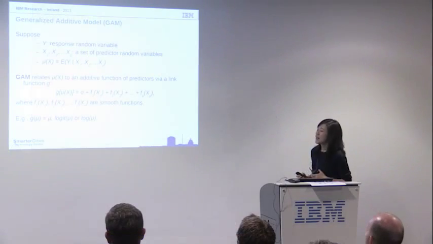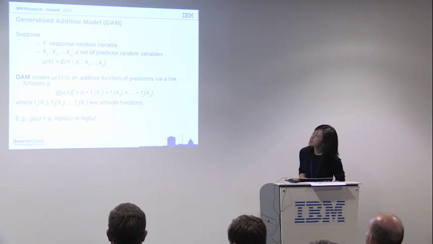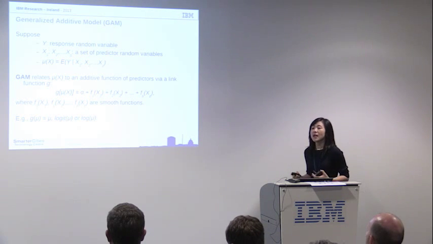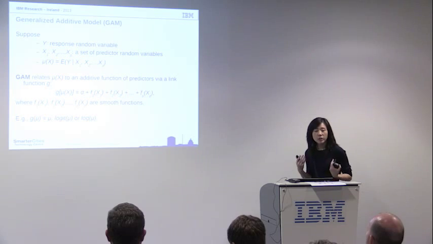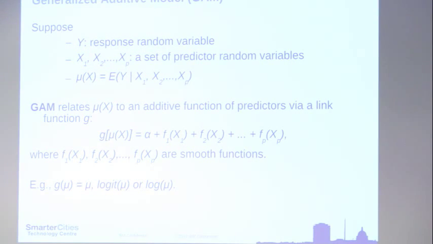Okay, I promise this will be the only formula I show today. So this is a model we use to model all the energy usage. It's a generalized additive model. There are many models out there you could use. One of the biggest advantages of the GAM is, as you will see later on, it intuitively shows you what happens in your data via these transfer functions.